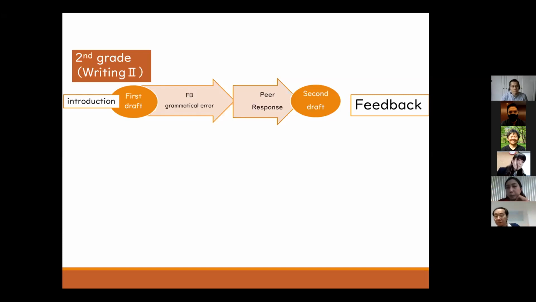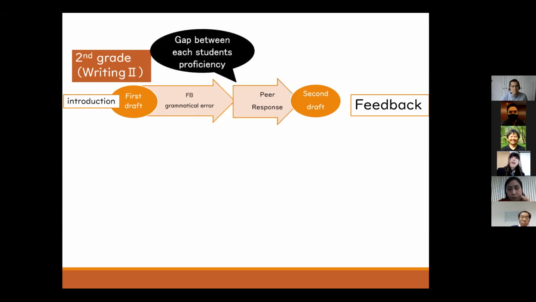But when they were second grade students, I introduced peer response, and we had some problems. There is a gap between each student's writing and reading proficiency.